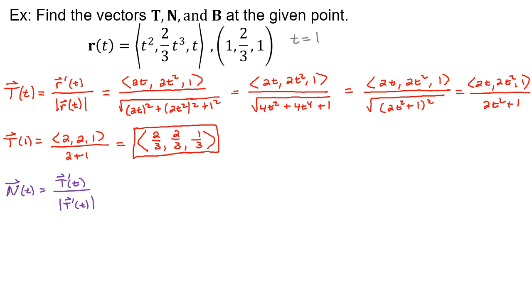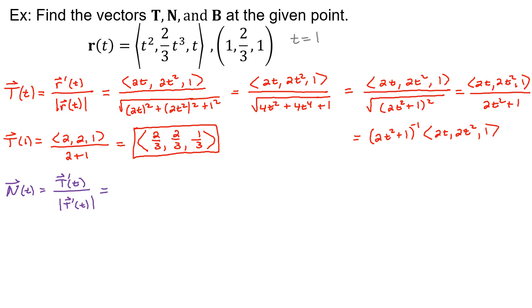So I am going to have to rewrite this thing as (2t squared plus 1) to the negative 1 power times <2t, 2t squared, 1>, so that I can do the product rule correctly. Okay, so the numerator is the product rule.